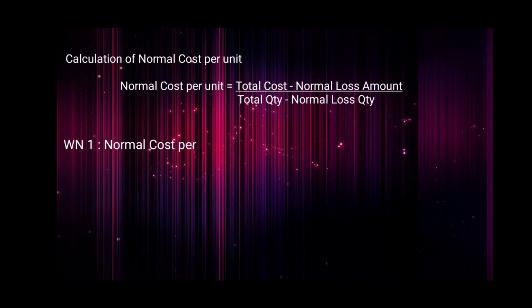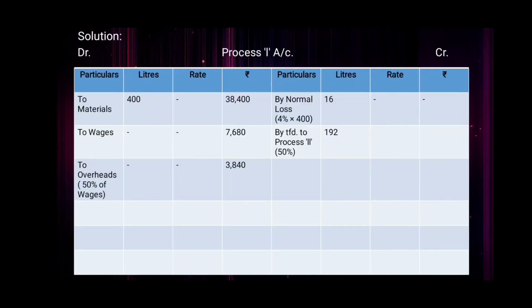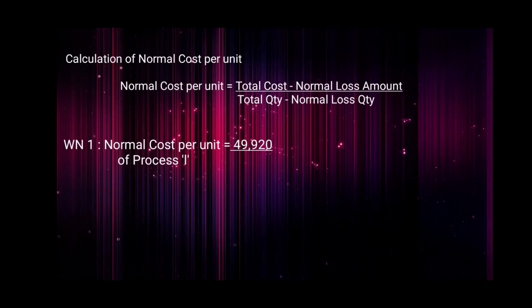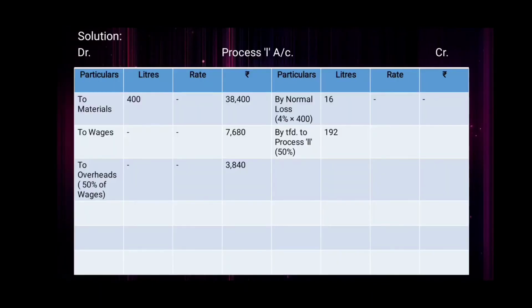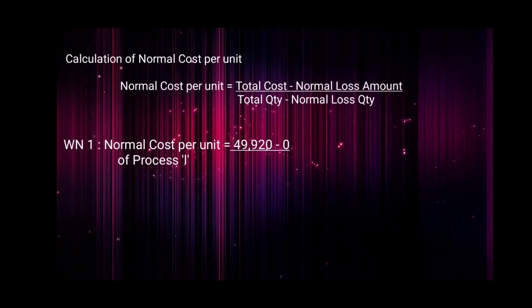So working note number 1, normal cost per unit of process 1, which is equal to total amount. So the total amount will be 38,400 plus 7,680 plus 3,840, which will be 49,920, minus normal loss amount. So the normal loss amount is nil, 0, divided by total quantity.